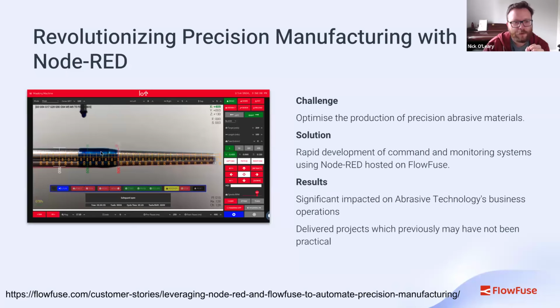This is a live camera feed of their machining process, and this overlay is dynamically generated. It can detect, based on this scale running down, whether it's within the tolerance of what their manufacturing process requires. But it's not just a dashboard visualizing it. There's a whole bunch of controls to help drive the tooling as well. So they've built a whole process around their manufacturing capabilities using Node-RED.